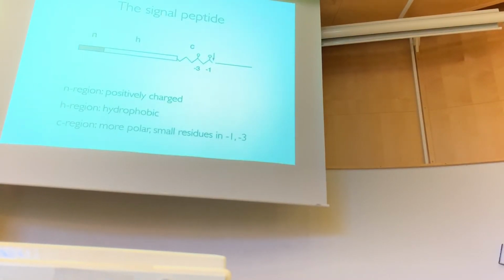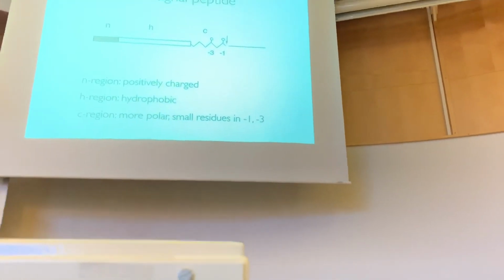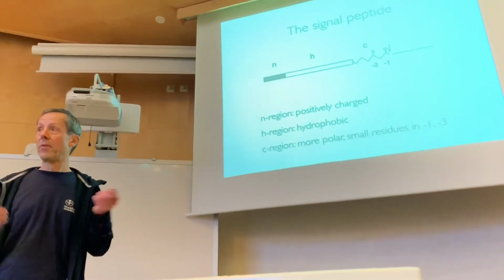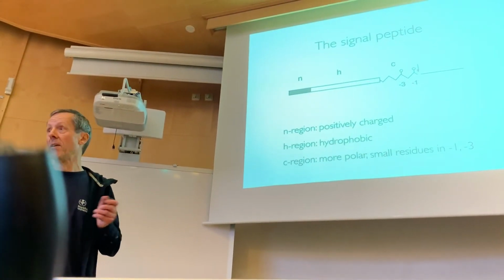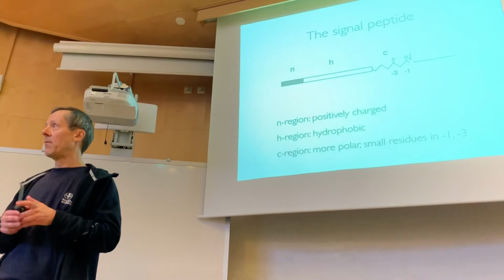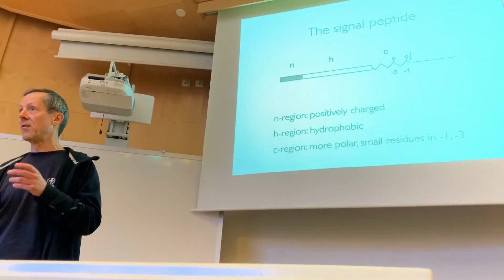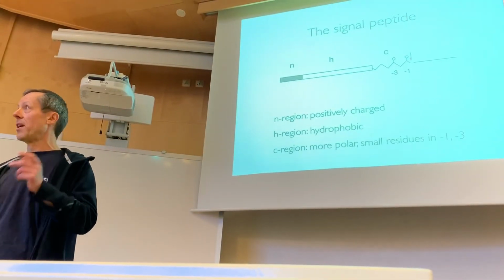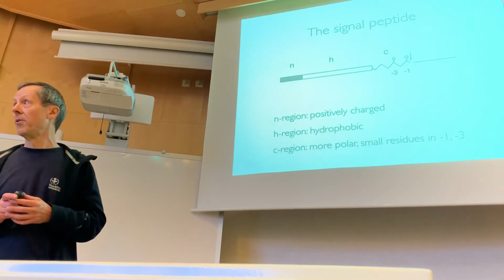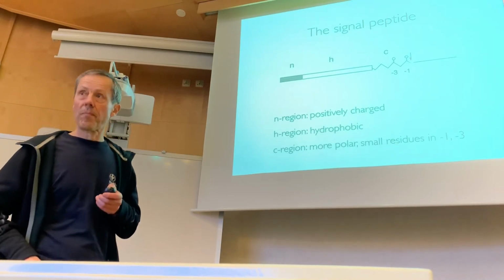Now one couldn't do this from protein sequencing, because once the protein was exported, the signal peptide had been removed already. So there was no good purifying the protein from blood, for instance, and trying to sequence it on the protein level. One had to go to the DNA level to do this.